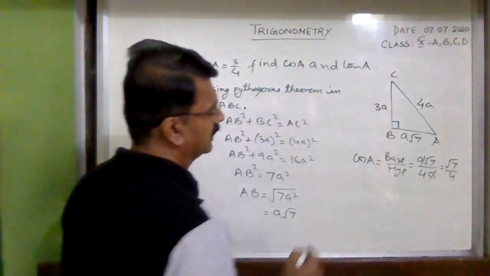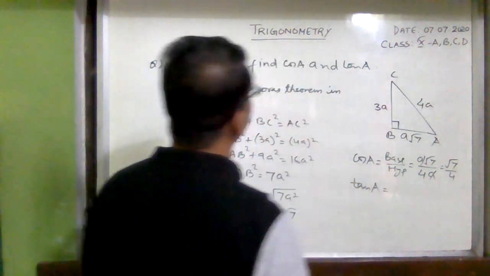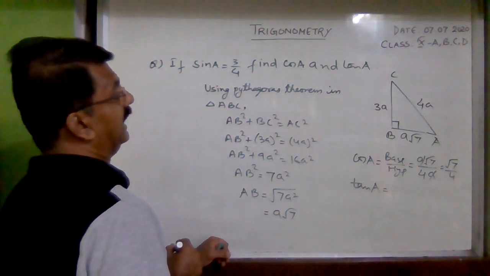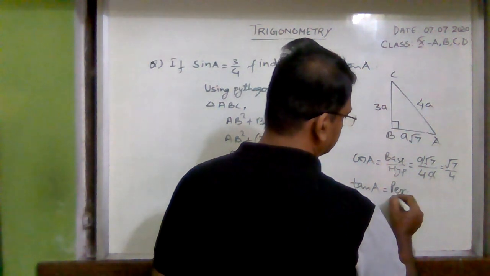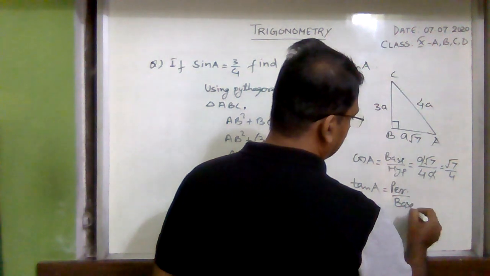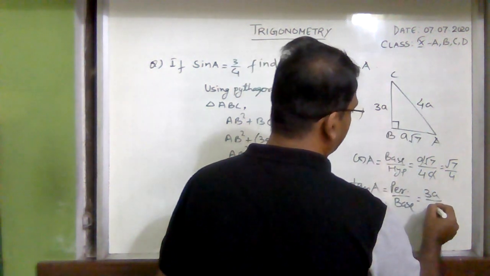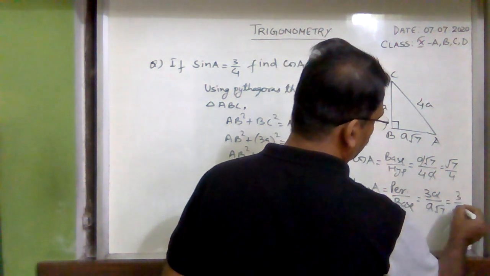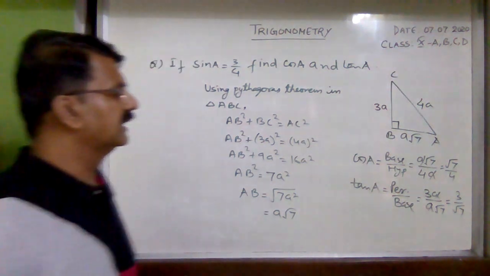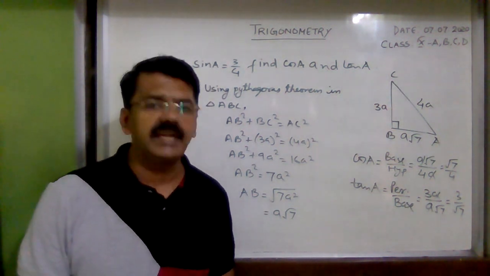And tan A is perpendicular upon base. Here the perpendicular is 3a and the base is a root 7. Once again a cancels out, so it is 3 upon root 7. So we have found that tan A is 3 upon root 7 and cos A is root 7 by 4.